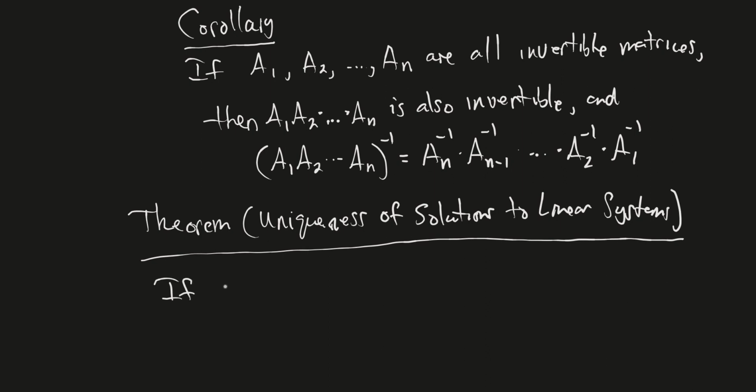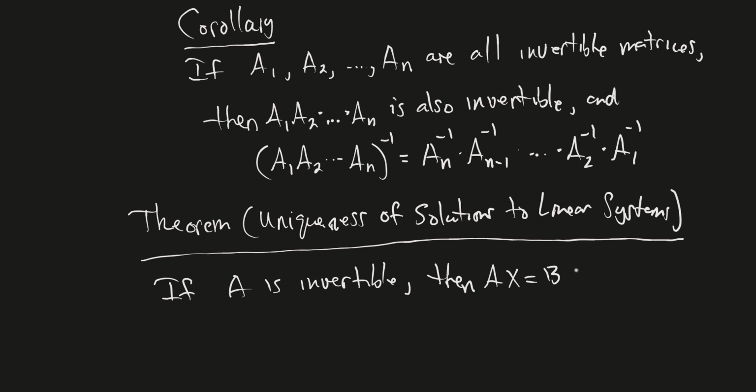If A is invertible, then our matrix equation AX equals B, and here we're assuming that everything is compatible for multiplication. Since A is an n by n matrix, it has n columns, and we assume that X has n rows and so forth.